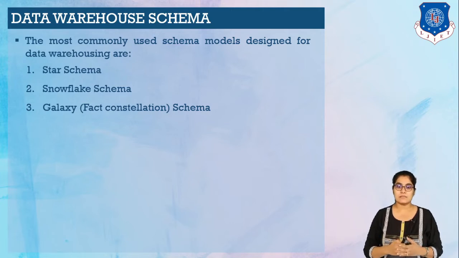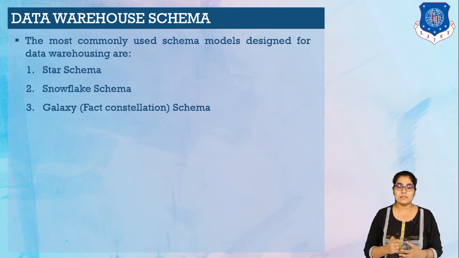A multidimensional schema is specially designed to model data warehouse systems. The schemas are designed to address the unique needs of very large databases designed for analytical purposes. The most commonly used schema models designed for a data warehouse are star schema, Snowflake schema, and Galaxy schema.